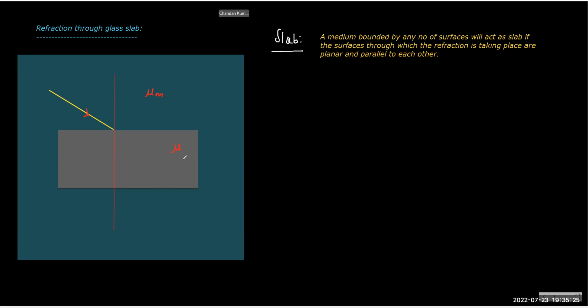It is not compulsory, but it's good to start with. So the mu of the surrounding medium is less than mu. Generally, we have air, but again, as I said, we are trying to derive everything in a general fashion, not an individual fashion. So let's say mu m is less than mu and the light is entering.